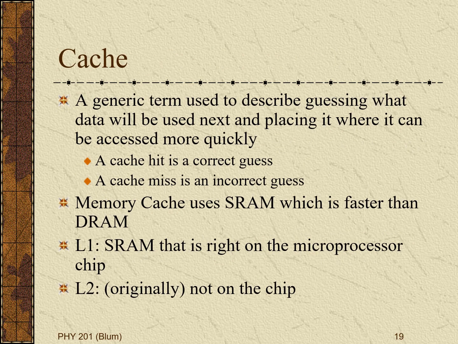So we made a distinction earlier between SRAM and DRAM, static RAM and dynamic RAM, and we want to see how that comes into play when we have cache. Cache is a generic term, and it's used for making a guess about some data that you will need and then putting it in a place that it's easier or more quickly accessed. And you have generic terms also in this guessing game: a cache hit is a correct guess and a cache miss is an incorrect guess.